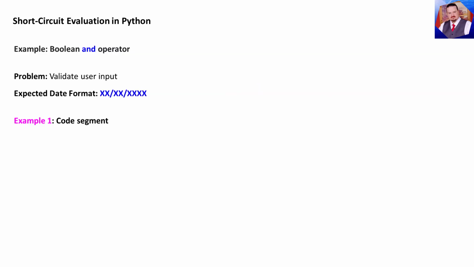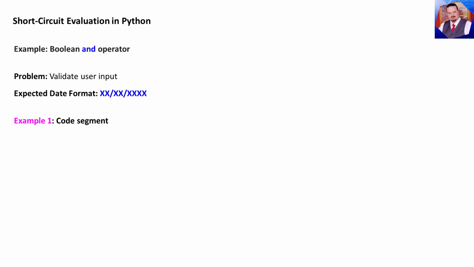Okay, so let's look at our first coding example. So here's a problem. Say we want to get some input from the user and we need to validate it. The hypothetical problem is we're going to try to validate a date format. It's a 10-character string where the first 2 characters represent the month, there's a slash, the second 2 characters represent the date, there's a slash, and the last 4 characters represent the year.